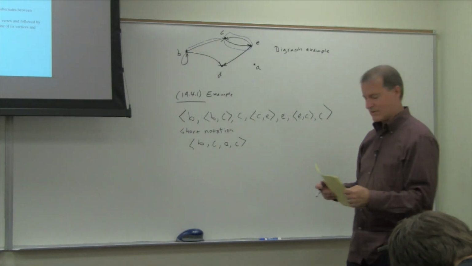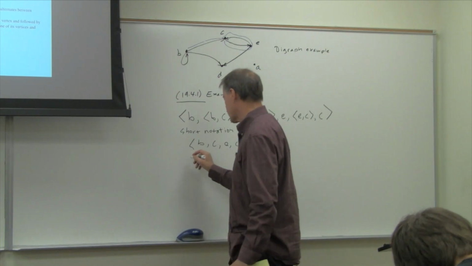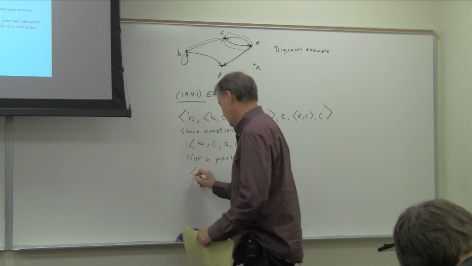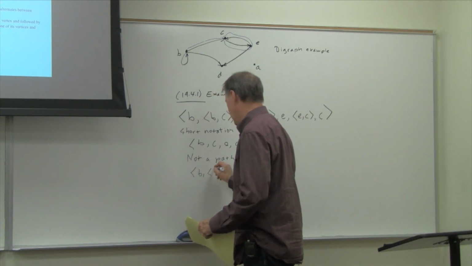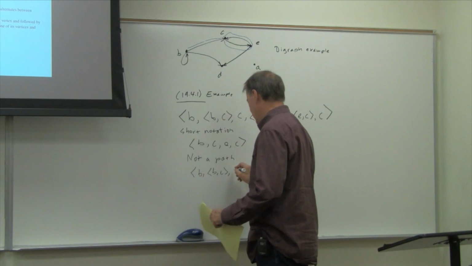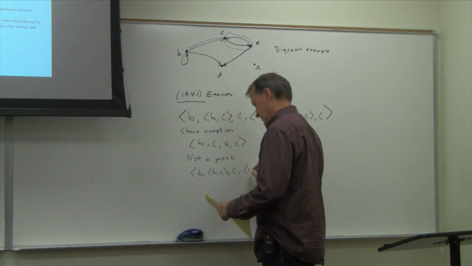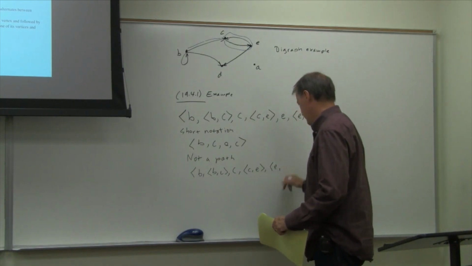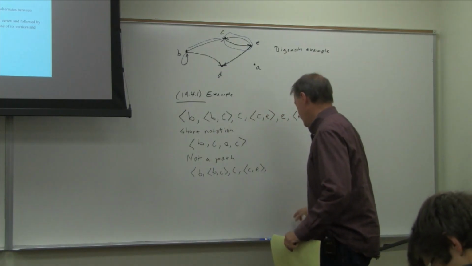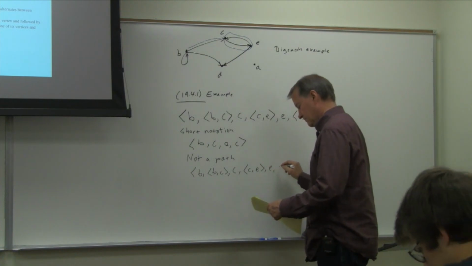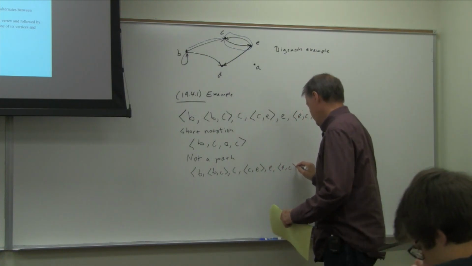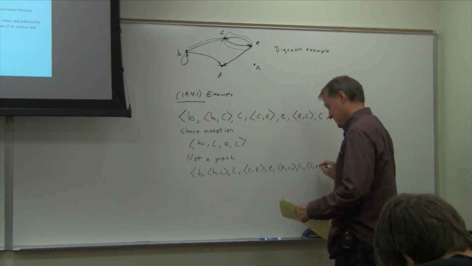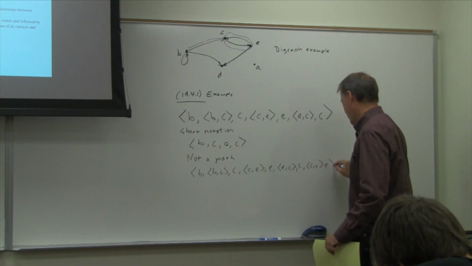Now let me give you an example of something that's not a path. Not a path would be B, BC, C, CE, E, CE, vertex E, EC, C, CE, E. Now why isn't this a path?